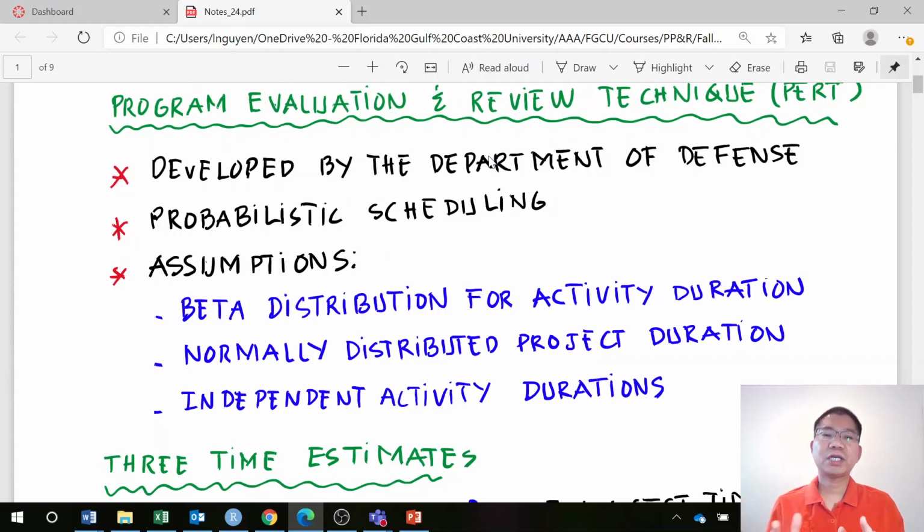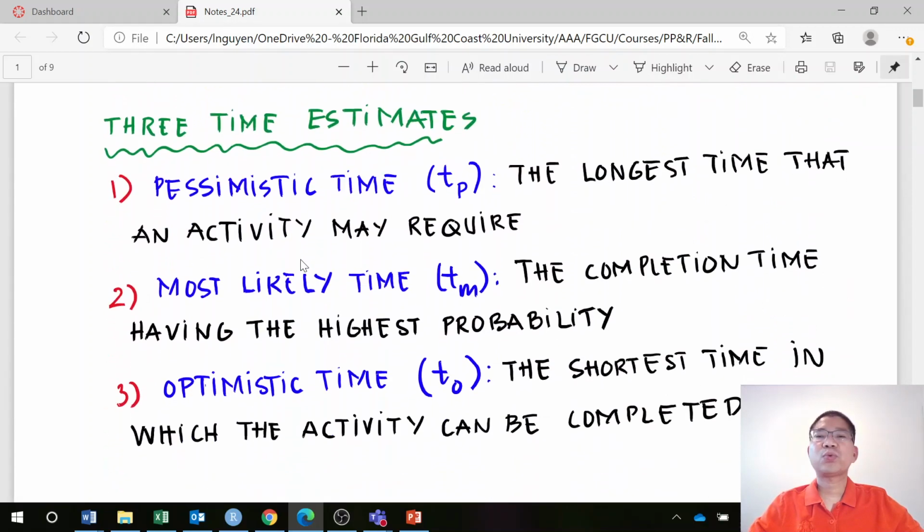And each activity duration is independent. In real life, it may not be independent, but in this case, we assume independent activity durations. So with the probability scheduling, one activity may not take only one single duration; it has three, and we call it the 3-time estimate for each activity.